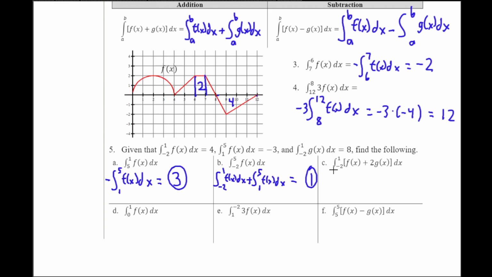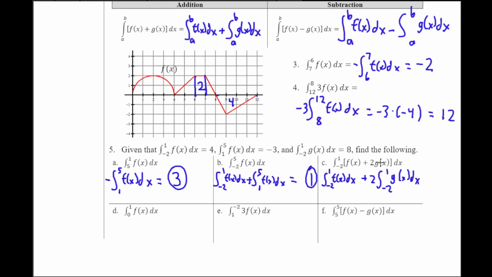So this is the integral from negative 2 to 1 of f of x plus 2g of x. Again, we can split it up like this: the integral from negative 2 to 1 of f of x dx plus 2 times the integral from negative 2 to 1 of g of x dx.